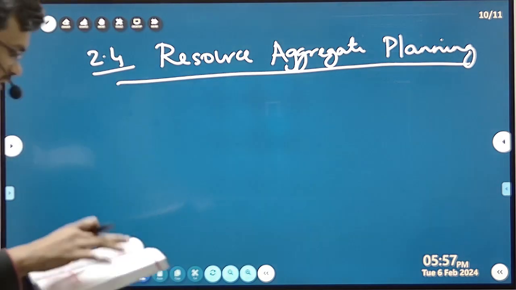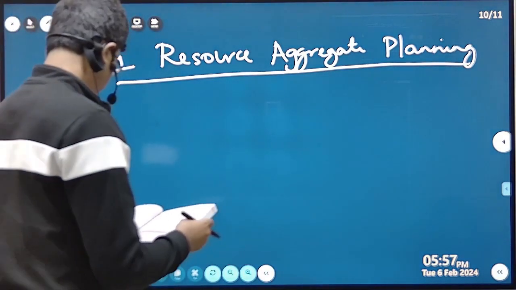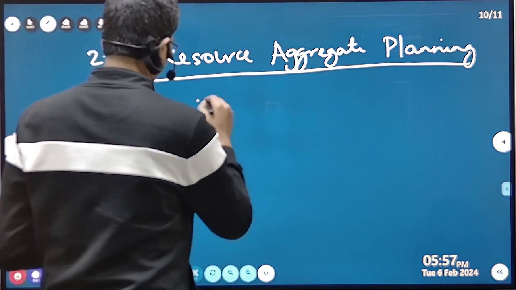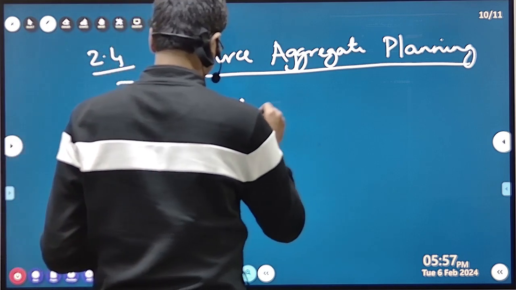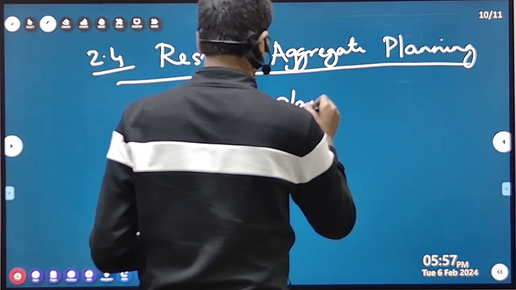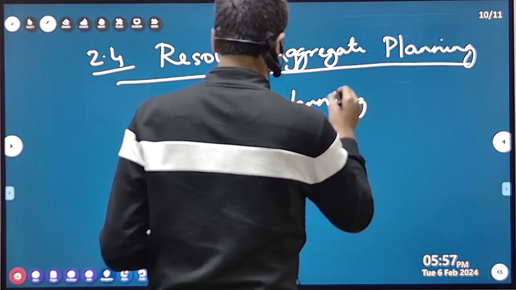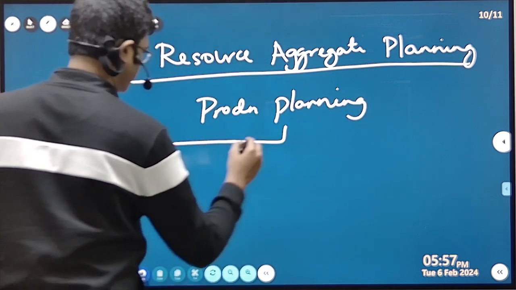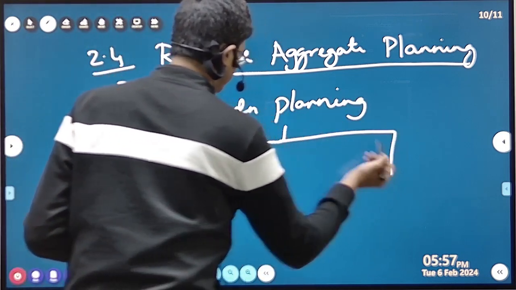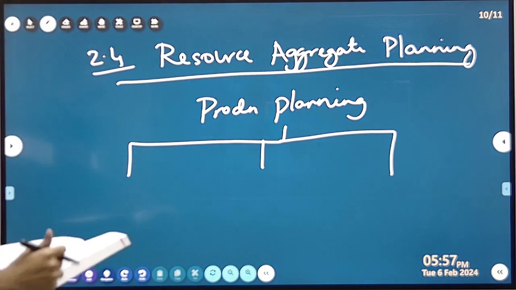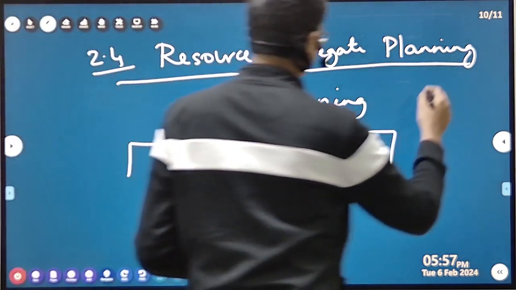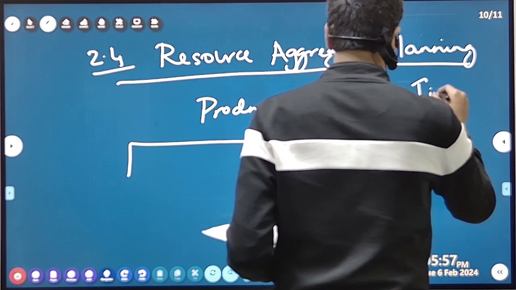planning is of three types. Production planning is of three types. This is based on the time range, right? We have seen this in the first class. This is based on the time period.